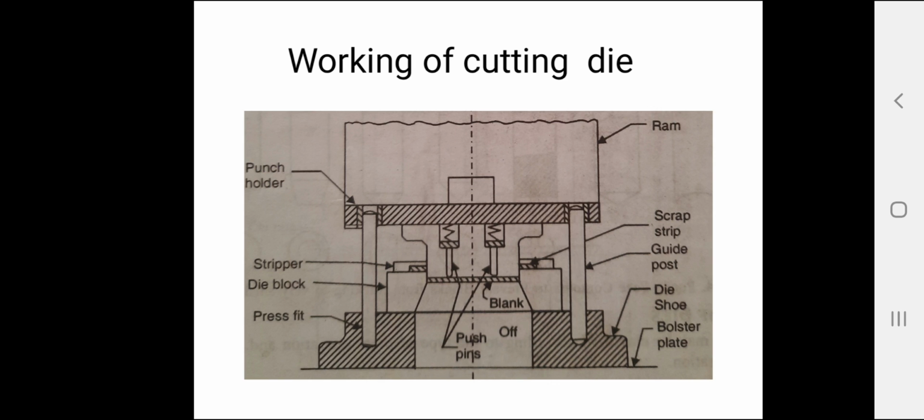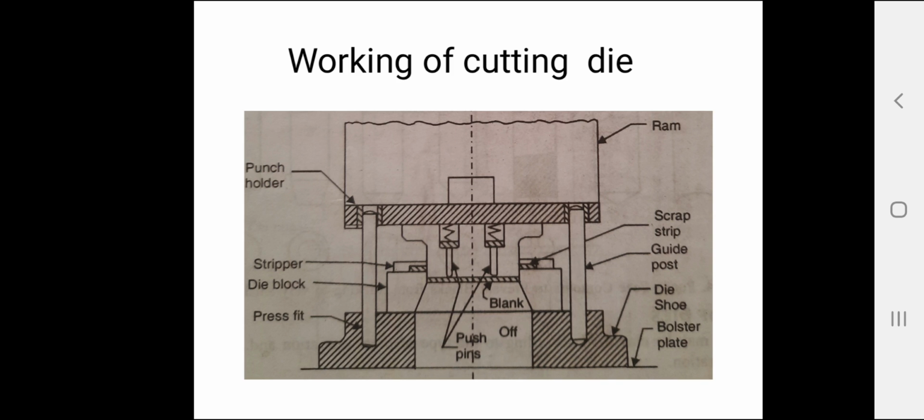So, at the end of the cutting action, when the punch starts to move upward, the scrap strip clings to the punch and the blank clogs in the die opening. To remove the scrap strip from the punch surface, the stripper is used.